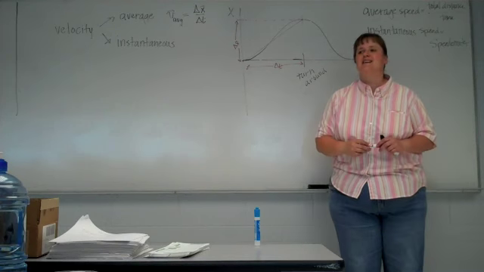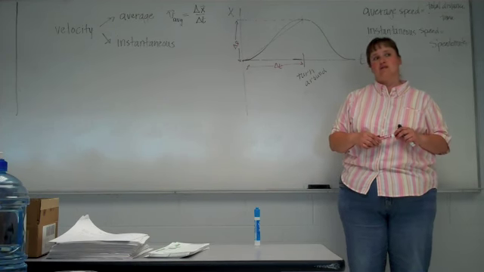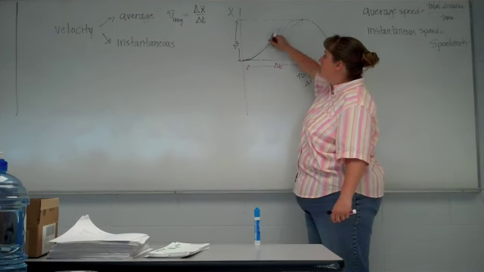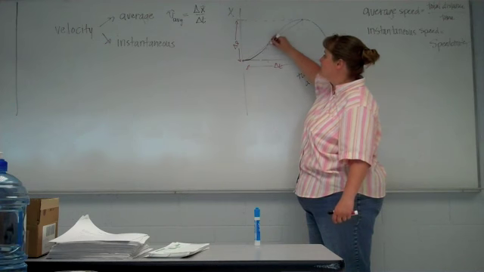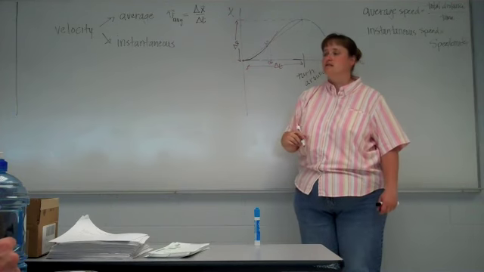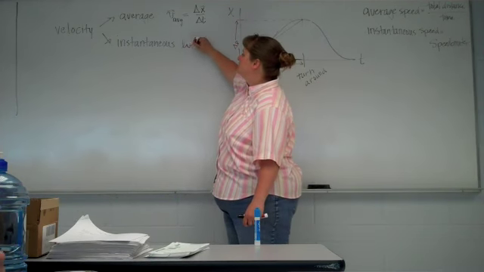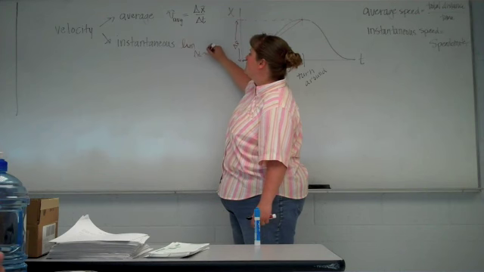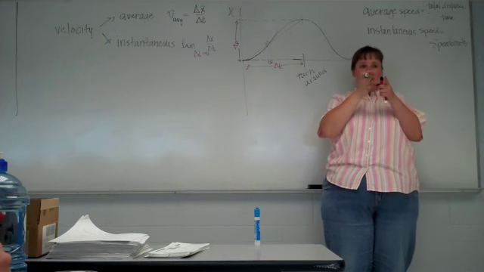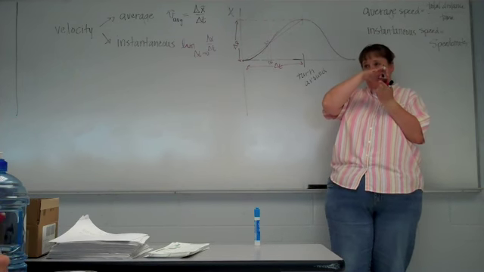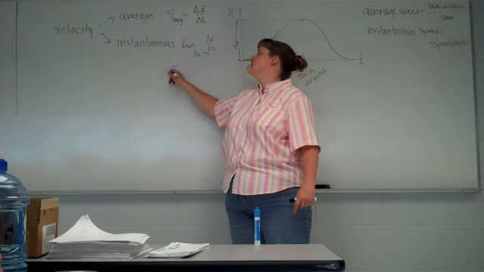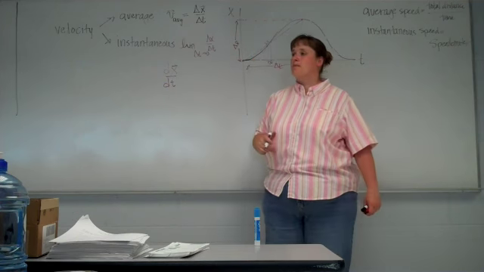How do we find instantaneous values? We want to find the slope of the line that's tangent to the graph at the instant we're looking at. So we have a tiny little delta x and a tiny little delta t, taking the limit as delta t goes to 0 of delta x over delta t. We're finding a very small time frame, which gives us a relatively small delta x, which is the derivative of the position with respect to time.